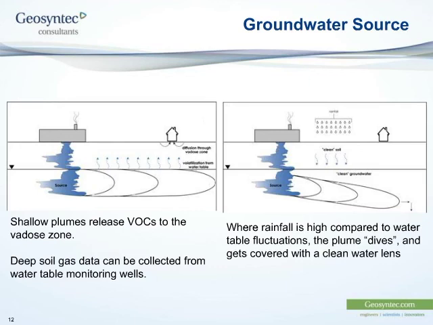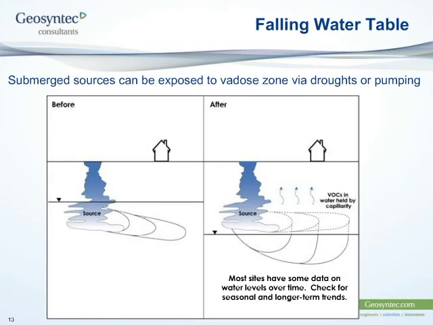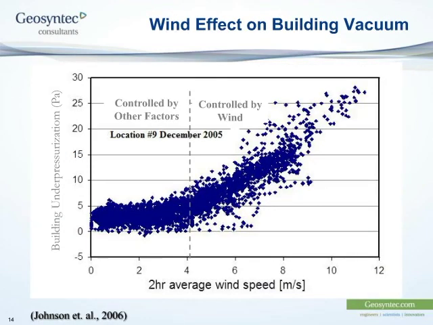So a diving plume or a freshwater lens can inhibit vapor intrusion quite considerably. That works only as long as there are not significant water table fluctuations. A diving plume can subsequently be exposed if the water table falls during a drought condition, leaving behind some VOCs in tension saturation in the unsaturated zone that can subsequently vaporize. So all of these factors affect the susceptibility of one site to the next for vapor intrusion.